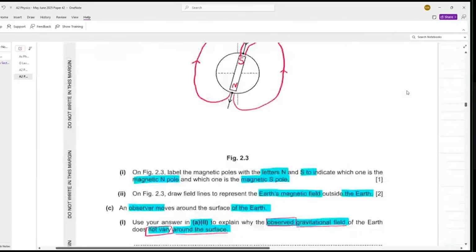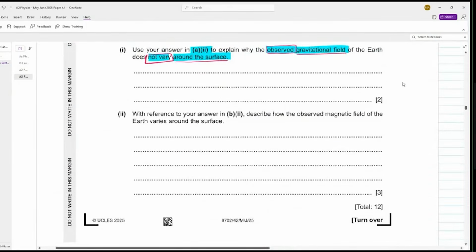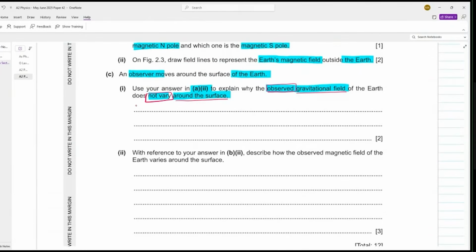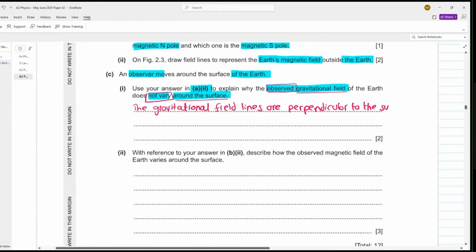Let's write this answer. You can say the gravitational field lines are perpendicular to the surface and evenly spread out.